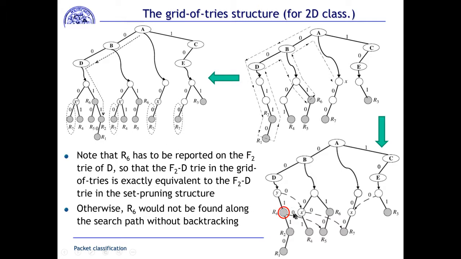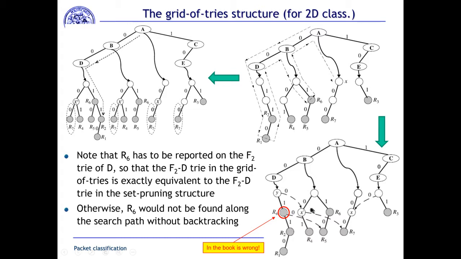In this case, when we have a 0, instead of visiting the left child, we move to this node in the other tree. So in this case, the tree that we find in D is exactly equivalent to what we had in the set pruning case.